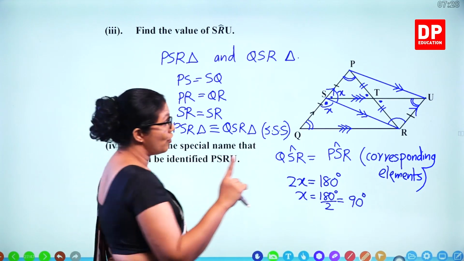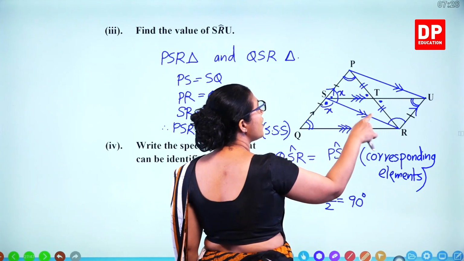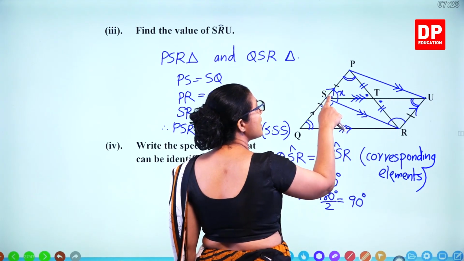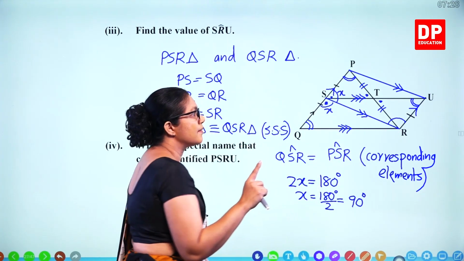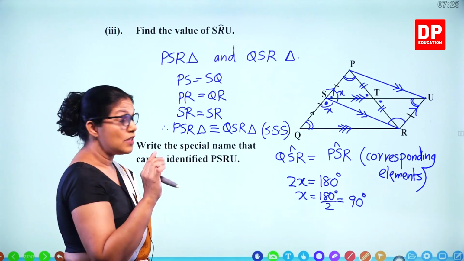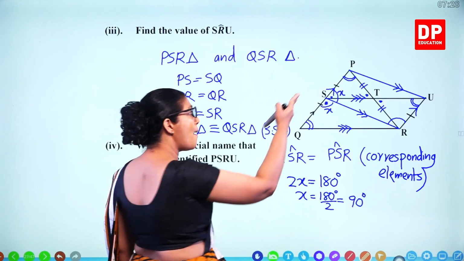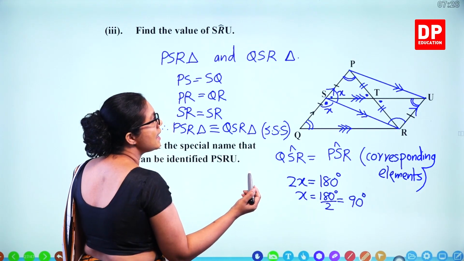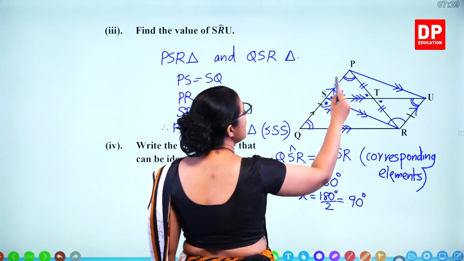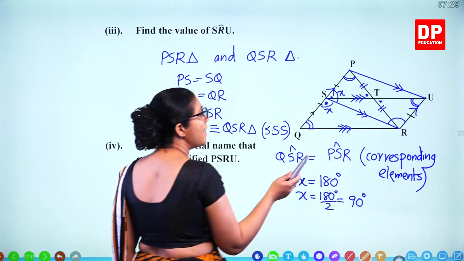Then what about this angle? We found that this is a parallelogram, so allied angles, the interior angles, add up to 180 because those two lines are parallel. So we can say PSR and URS both add up to 180.